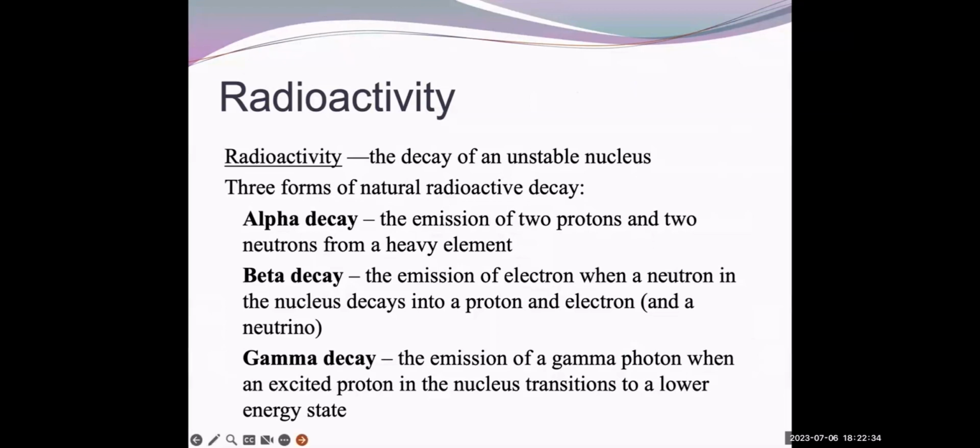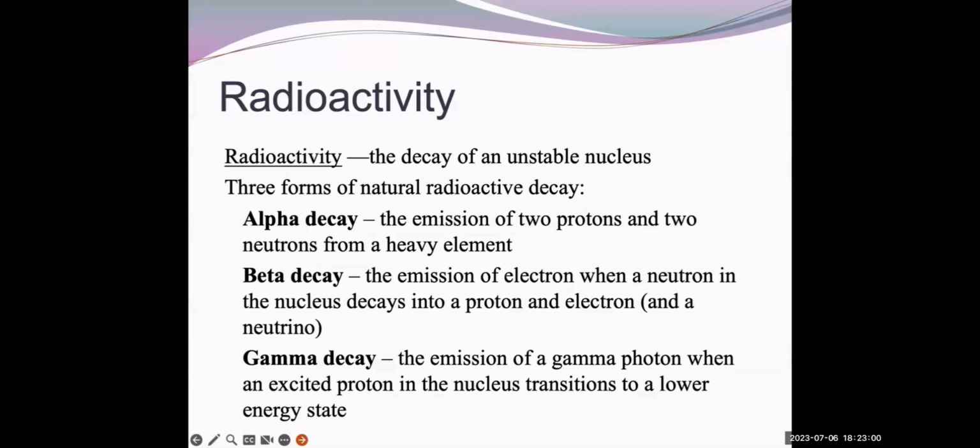Two protons and two neutrons is helium-4. So it's pretty much large and heavy objects being emitted. As far as penetration goes for safety, it's not in the slides, but they're not that dangerous. You just don't want to ingest or inhale them, but they can be stopped by paper or human skin.